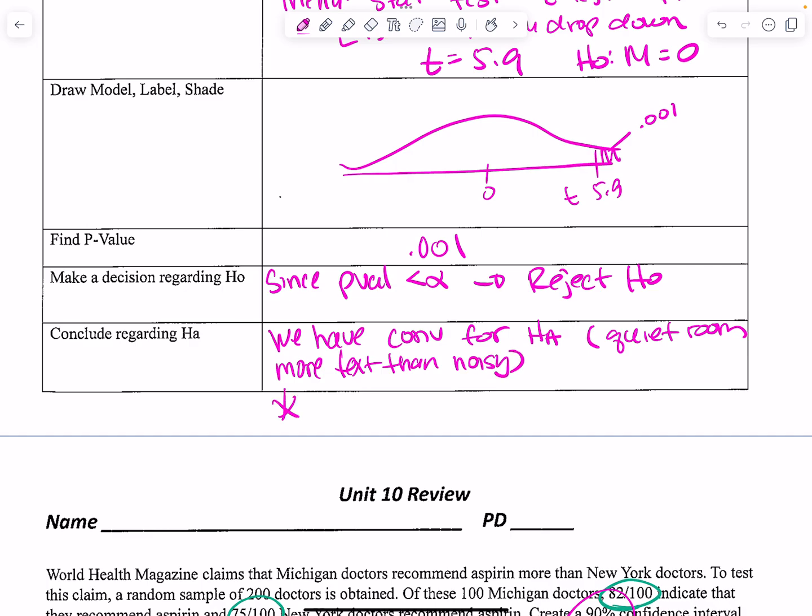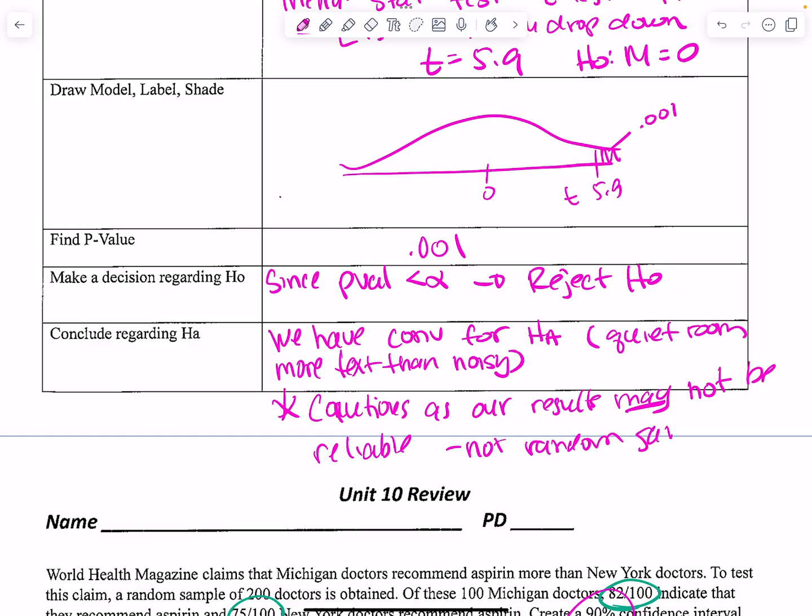But we have to say we are cautious, as our results may not be reliable because it was not a random sample. And we had an outlier in our data when n was less than 30.